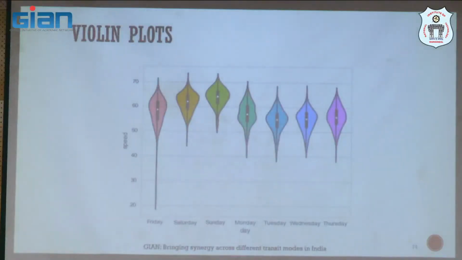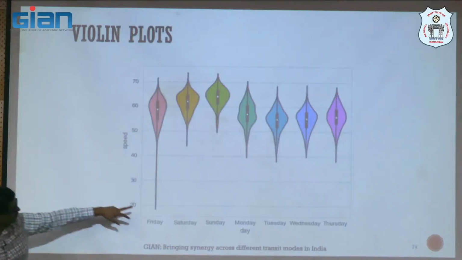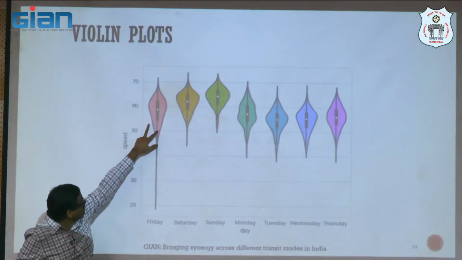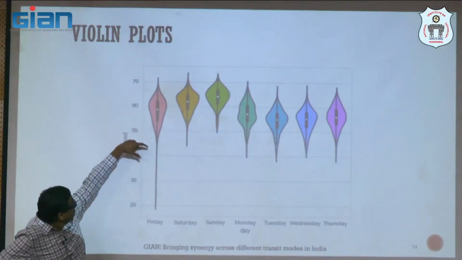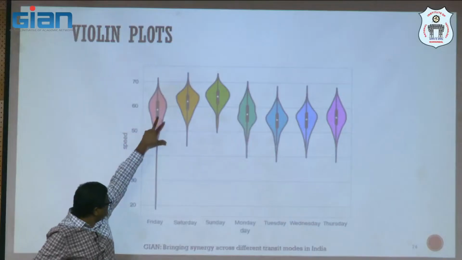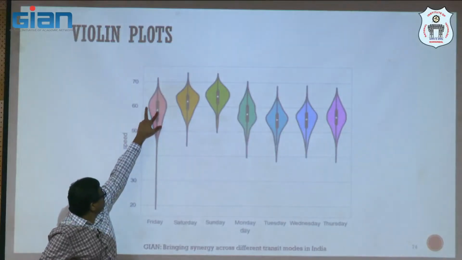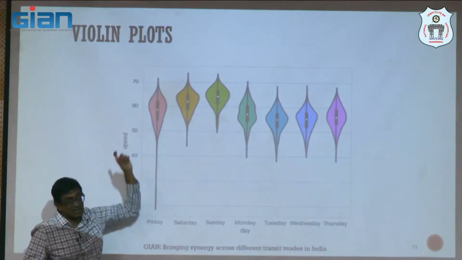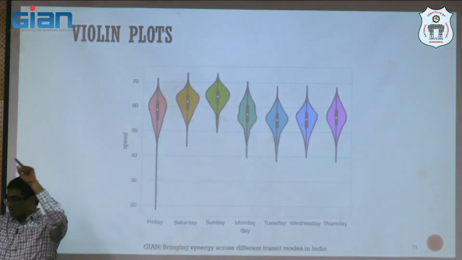The violin plot is also very similar to the box plot. It represents where the data is, but it also shows the distribution of the data at that point. So you see that on Friday, there's a high volume of vehicles at 60. In a box plot, we just show it evenly.